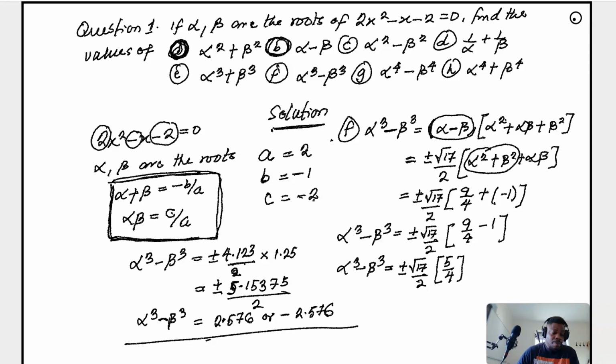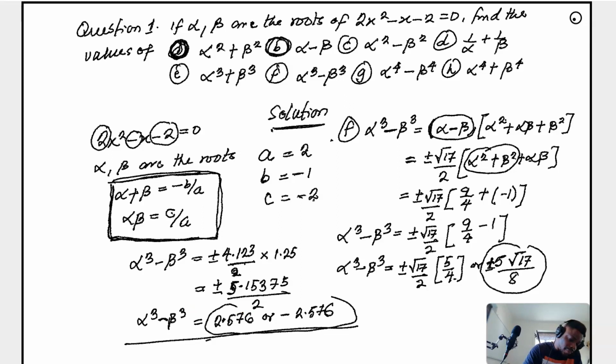Easy. Yeah, easy as that. But remember, you can still leave your answer here by saying 5 times root 17. That is 5 root 17, right? Over 2 times 4, that is 8. And you have plus or minus. You can still leave your answer this way. This one here and this are the same.